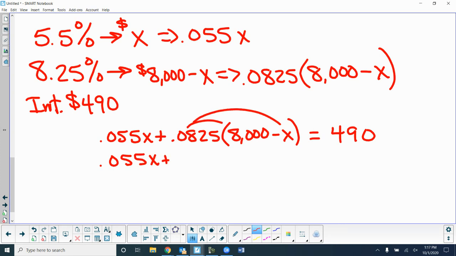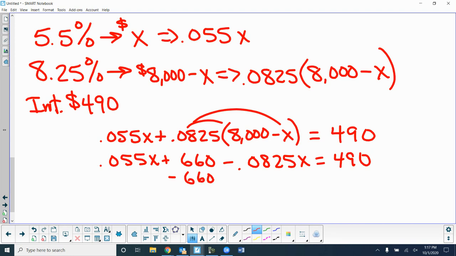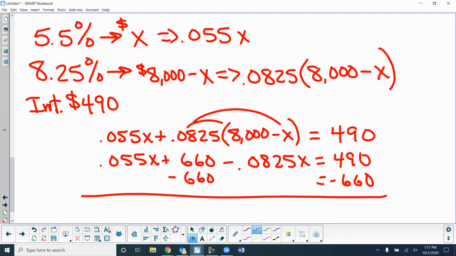So when I distribute the 0.0825, I get $660 when I do that, minus 0.0825x. So if you do that in your calculator, that's where I got the 660, 0.0825 times 8,000. Now I'm going to move the 660 over, so I'll subtract it. I'm just going to solve the equation and combine the like terms.